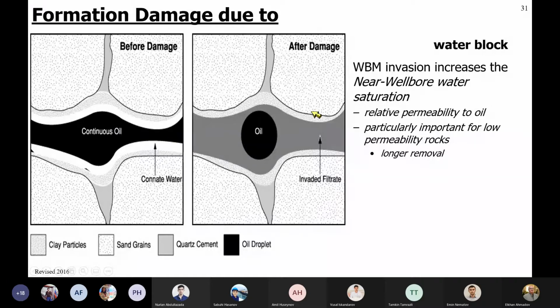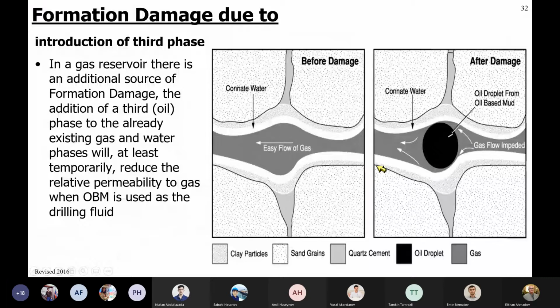The third phase, especially important for gas reservoirs, is when we have oil or oil and water emulsions as droplets in the pore spaces, which might reduce relative permeability for gas significantly.